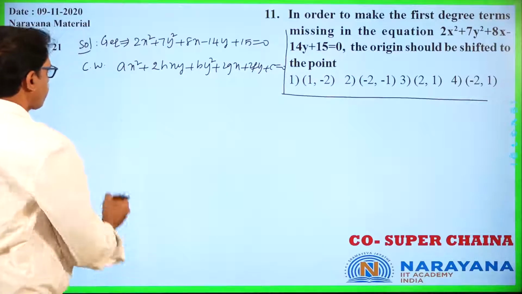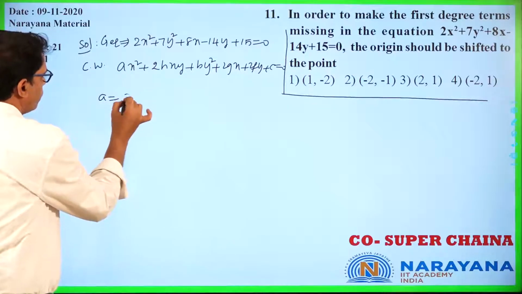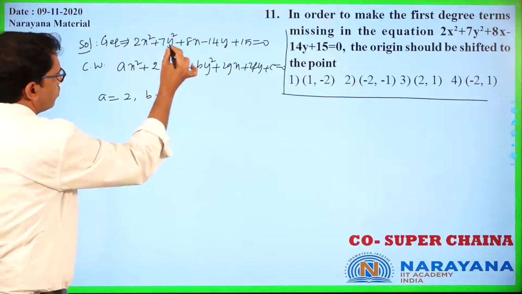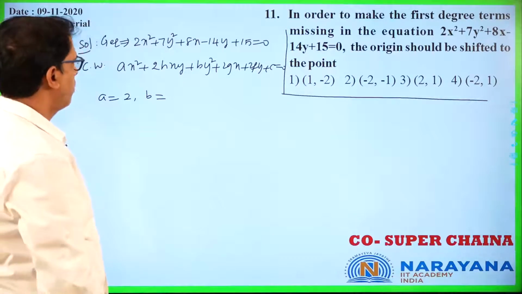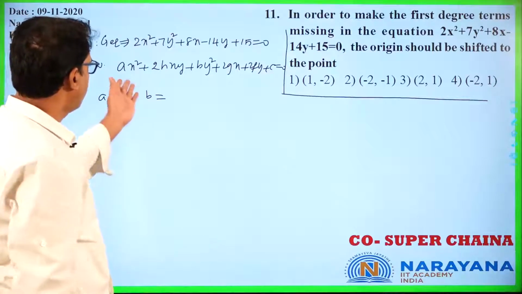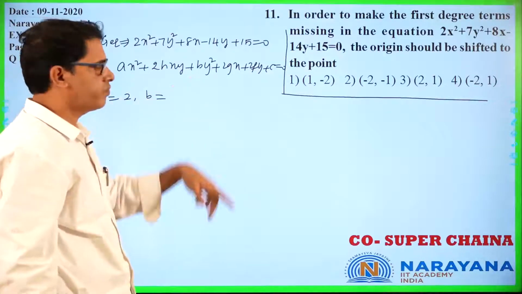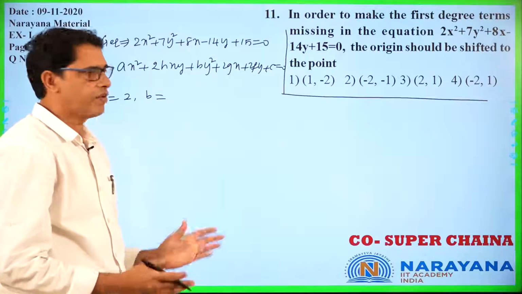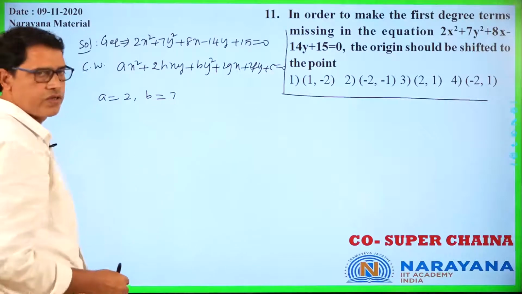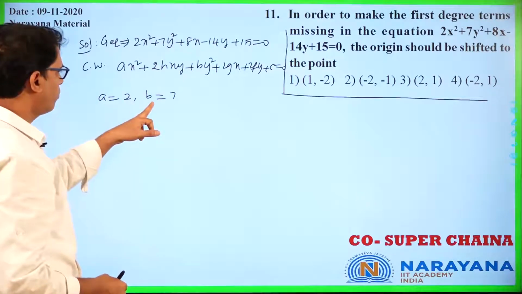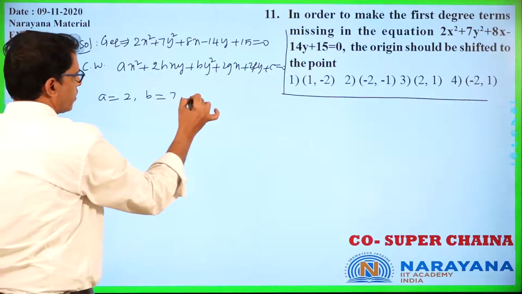We get the a value and b value. Here you can see there is no xy term, which means h value is 0, a value is 2, b value is 7.